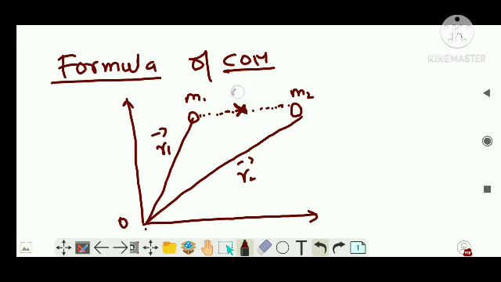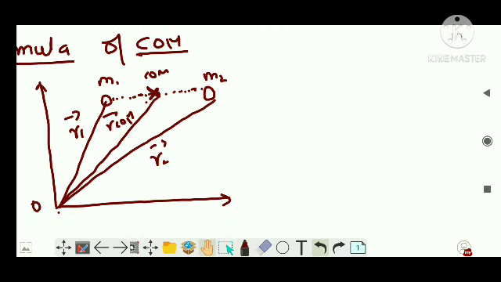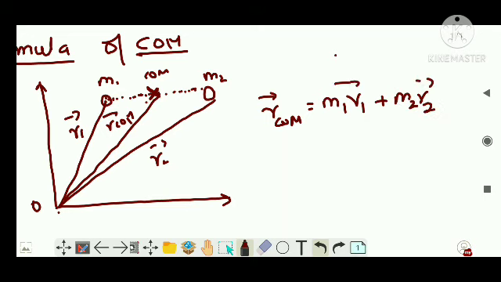Let's say that center of mass is at a position vector RCOM. This is the position vector of the center of mass. Then the equation for this center of mass position, RCOM vector, is equal to m1 r1 plus m2 r2 divided by m1 plus m2.